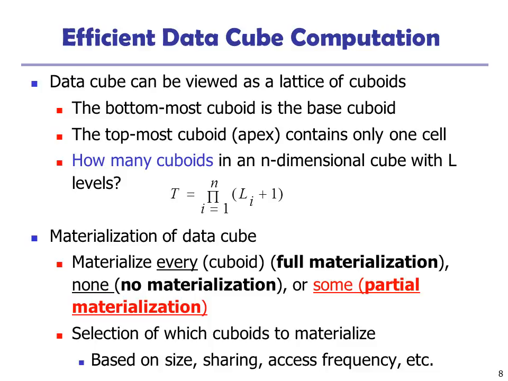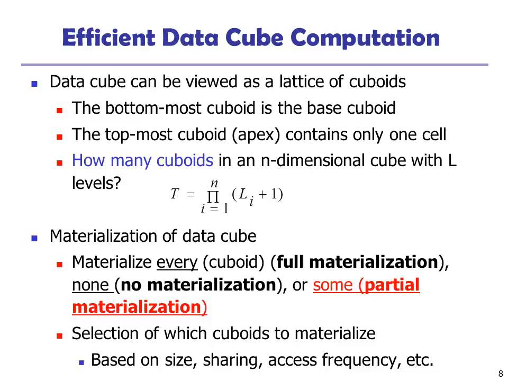The bottommost cuboid was called the base cuboid, and the topmost cuboid was called the apex cuboid, which only contains one cell and does not contain any dimensions, and the bottommost cuboid contains all the dimensions, right?